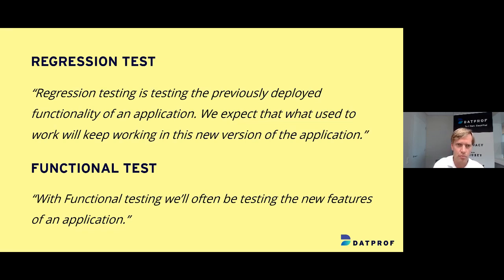And this is also very important from a QA perspective, that you have an understanding of the data that is needed to fully test a regression. Functional testing is a bit the same, but there is a subtle difference. With functional testing, there may be a need for new data content. A new version or new feature in an application might require a new column or a set of columns in one or more tables.